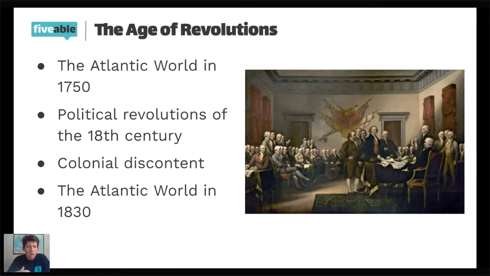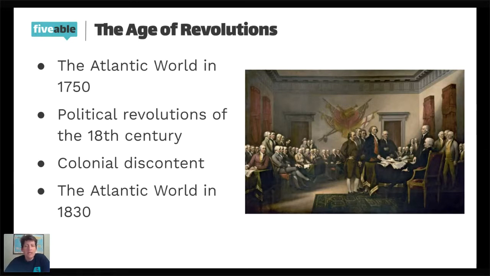But the Atlantic world was European dominated, and it was the site of a great deal of trade in this time period. Remember, the Atlantic trade network will be the dominant trade network. So lots of goods moving back and forth from Europe to the Americas, lots of raw materials moving from the Americas to the rest of the world.